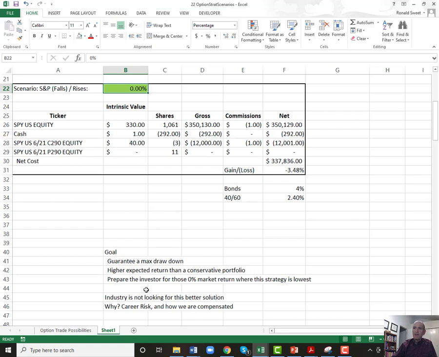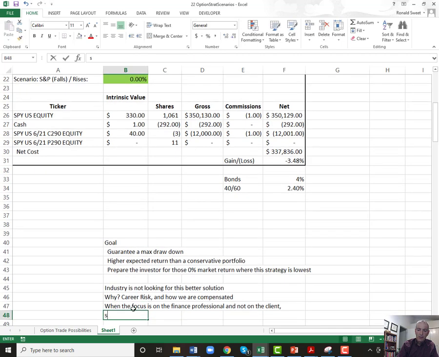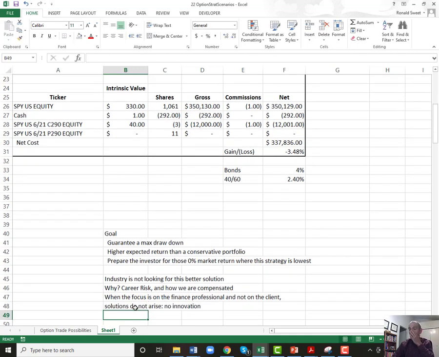So when the focus is on the finance professional and not on the client, solutions do not arise. There is no innovation, and that's kind of what we've set up in finance.